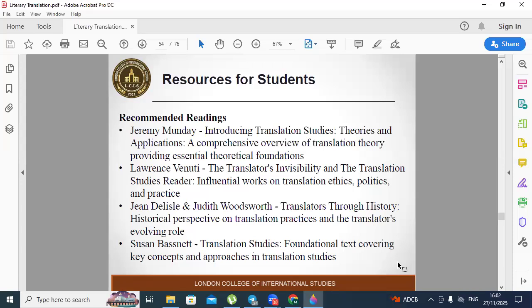Jean Delisle and Judith Woodsworth, Translators through History, historical perspective on translation practices, and the translator's evolving role. Susan Bassnett, Translation Studies, foundational text covering key concepts and approaches in translation studies.